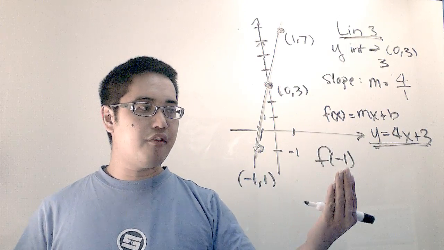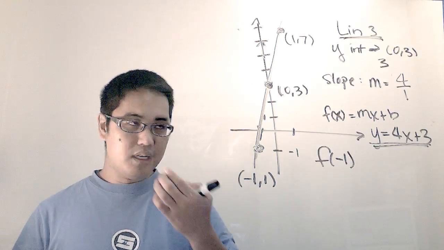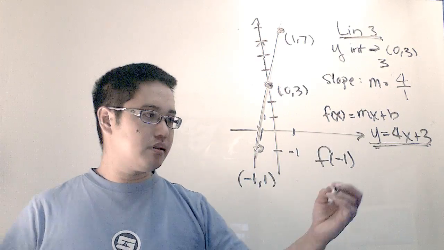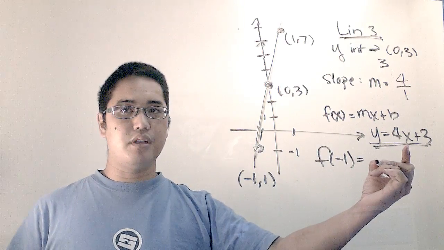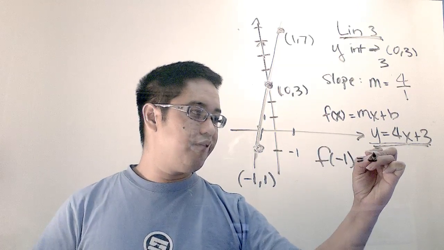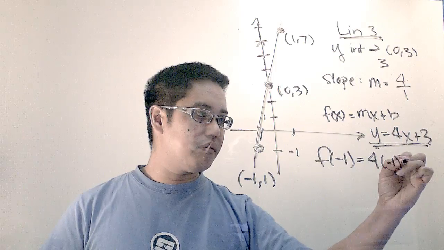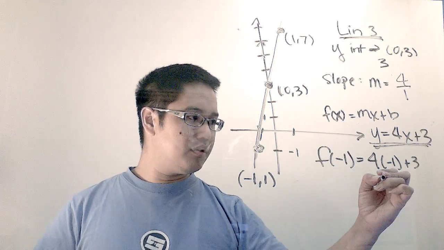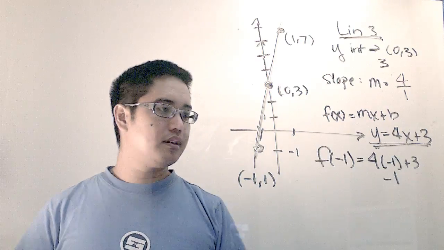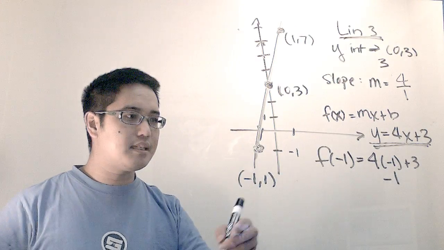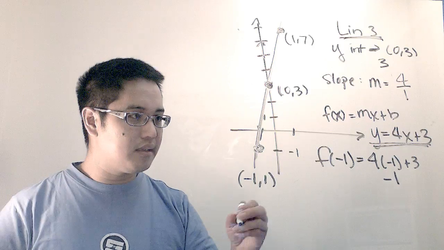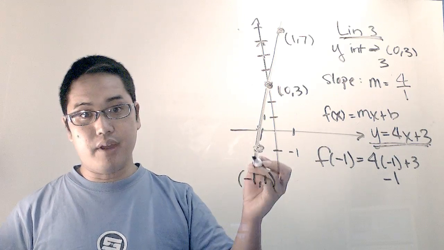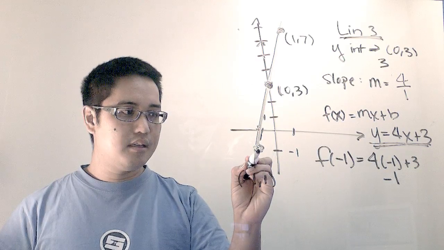So if I say f of -1, that means, what is the value of this function when I have x equal to -1? You simply plug in -1 into here, and we'll see what we get. We have 4 times -1 plus 3. What is that? -4 plus 3? That's equal to -1. Does that make sense? Yes, it makes sense, because look, at x equals -1, y equals, or f of x in this case, -1.